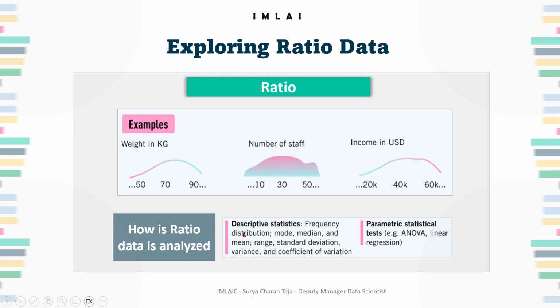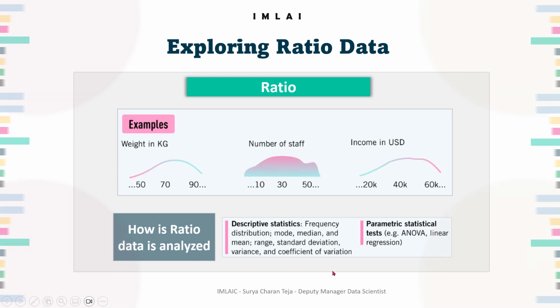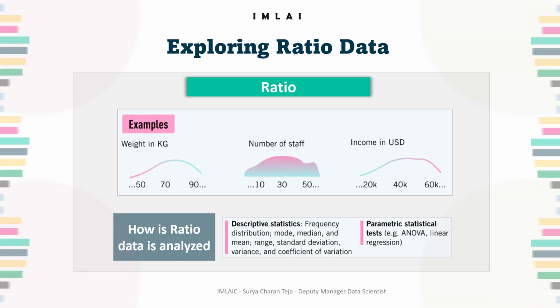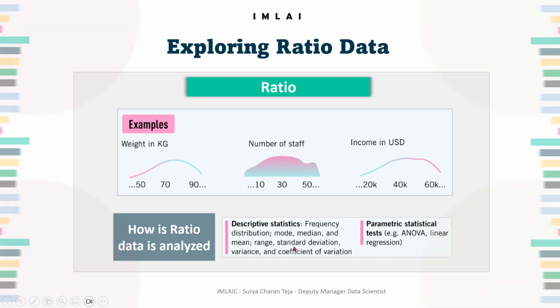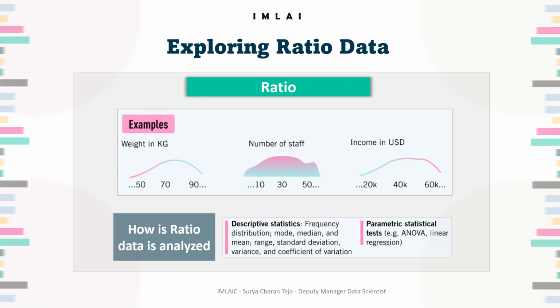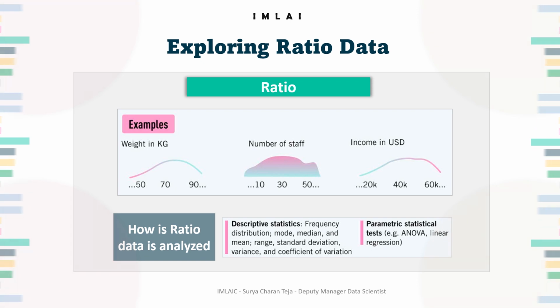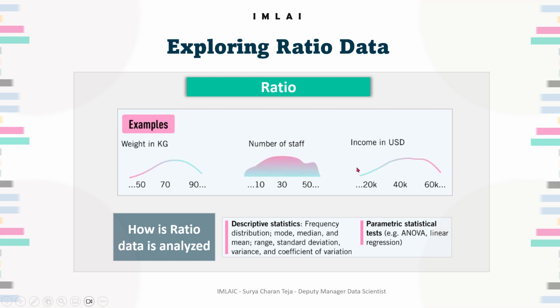We have range, standard deviation, variance, and coefficient of variance, all of which show you the variability within your data set. Coefficient of variance is unique to ratio data because it's a fraction, calculated by dividing the standard deviation by the mean.